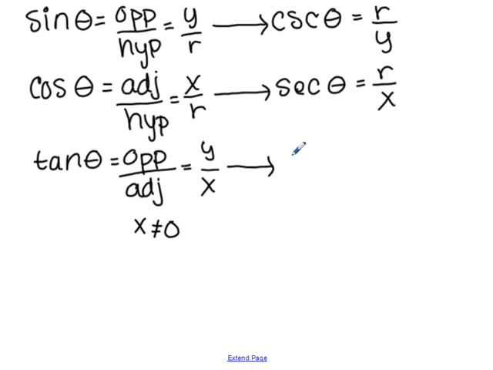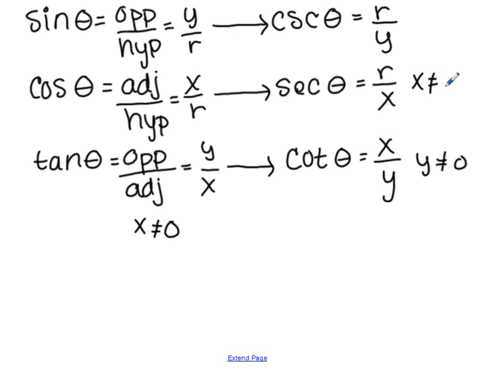Lastly, the reciprocal for tangent is cotangent, and the reciprocal is x over y, with the special condition that y cannot equal 0 for cotangent, x cannot equal 0 for secant, and y cannot equal 0 for cosecant. Why? Because we can never divide by 0. So these values we already know, we're just looking at it from a different perspective.